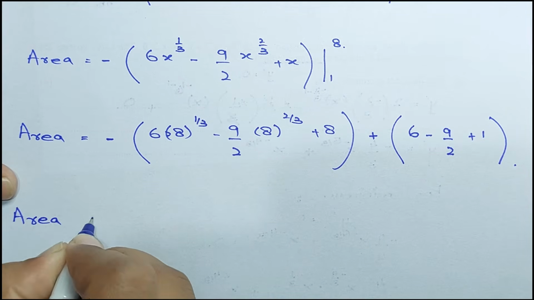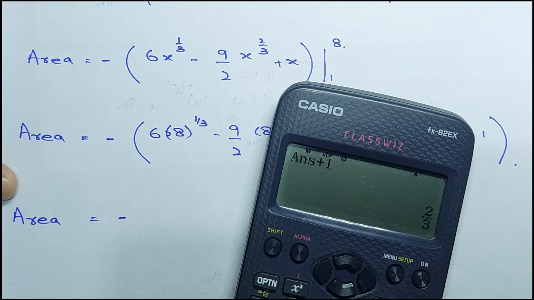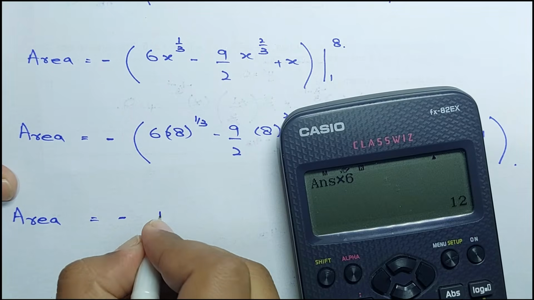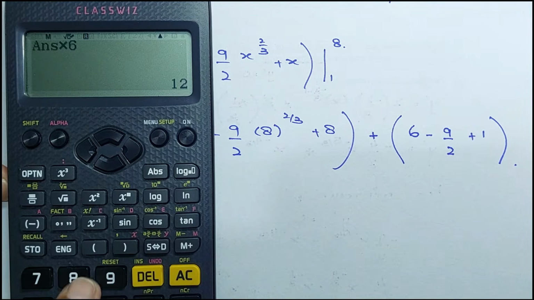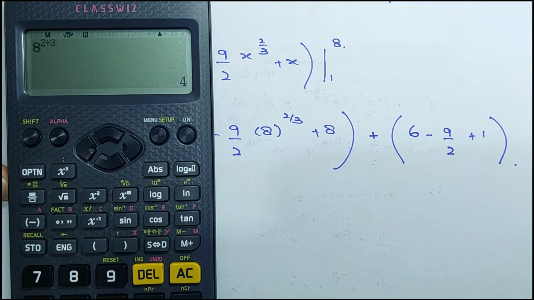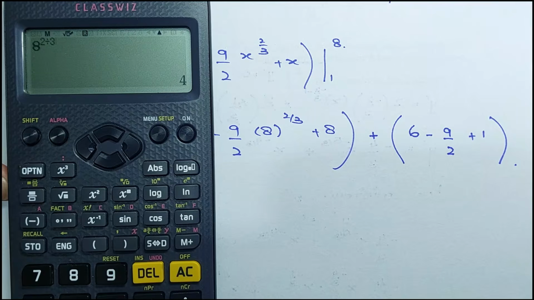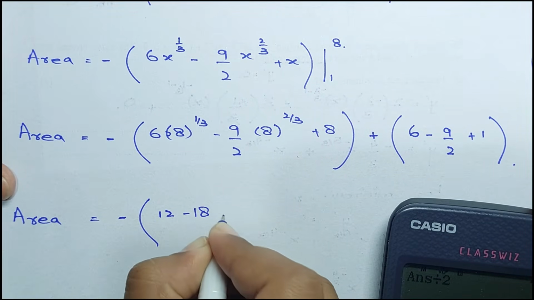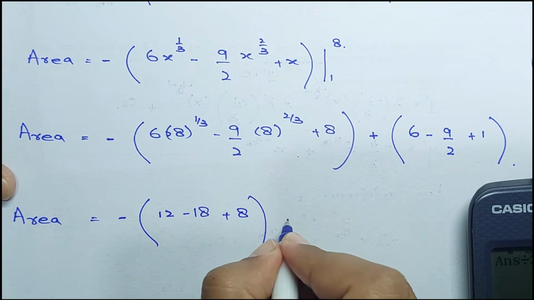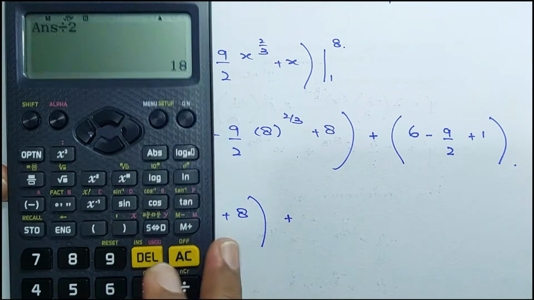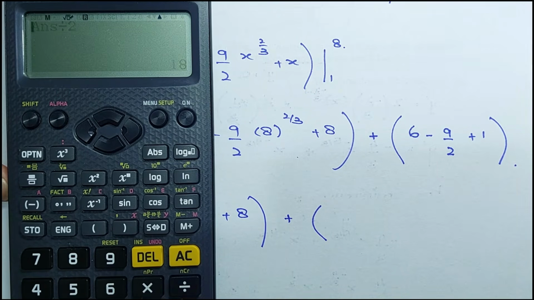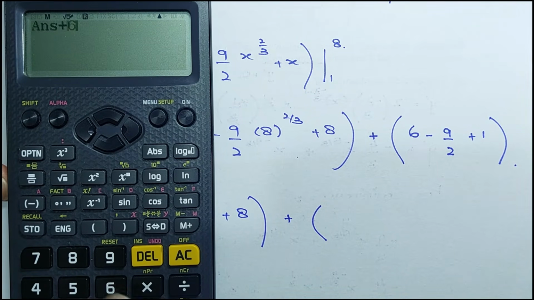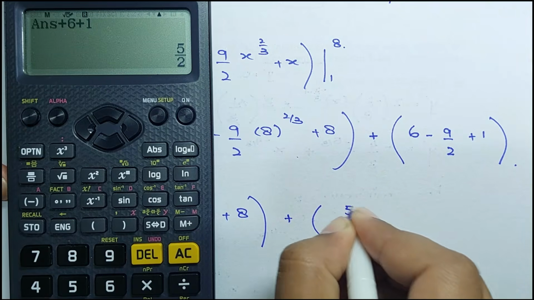So area is equal to negative: 8 power 1 by 3 is 2, times 6 is 12. 8 to the power 2 by 3 is 4, times 9 divided by 2 is 18, plus 8. Plus we have 6 plus 1 would be 7, and minus 9 by 2 plus 6 plus 1; this is 5 by 2.